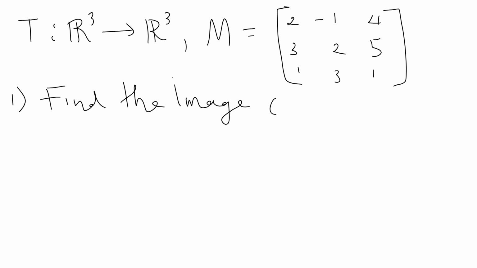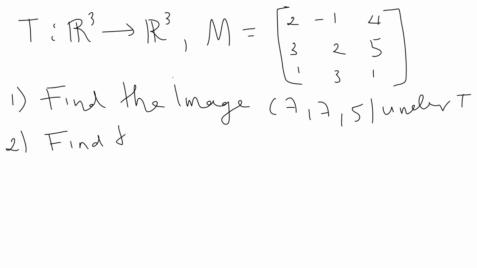Find the image of the point (7, 7, 5) under the transformation T. And then the second question is that we should find the Cartesian equation of the plane which is the image of the whole space.